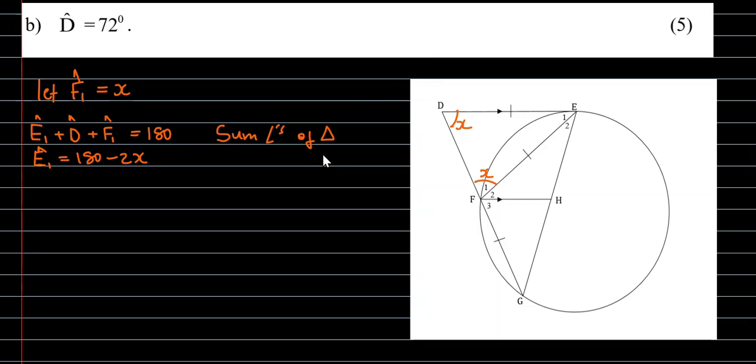But remember something now. Here you know that angle E1 is equal to 180 minus 2x, and you know that this angle E1 is also equal to this angle and also this angle, right?